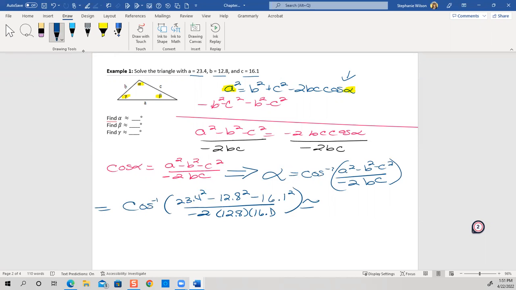You can type it all in your calculator. Some of you may have to use a lot of parentheses. Some of you may want to get the numerator together, then the denominator, and then divide. I'll do that so you can compare to your answers to make sure you got the right one.